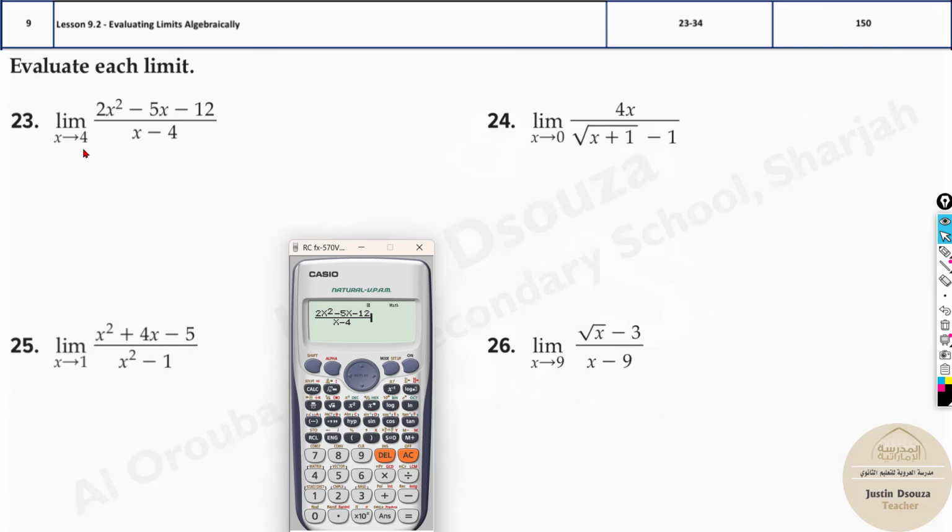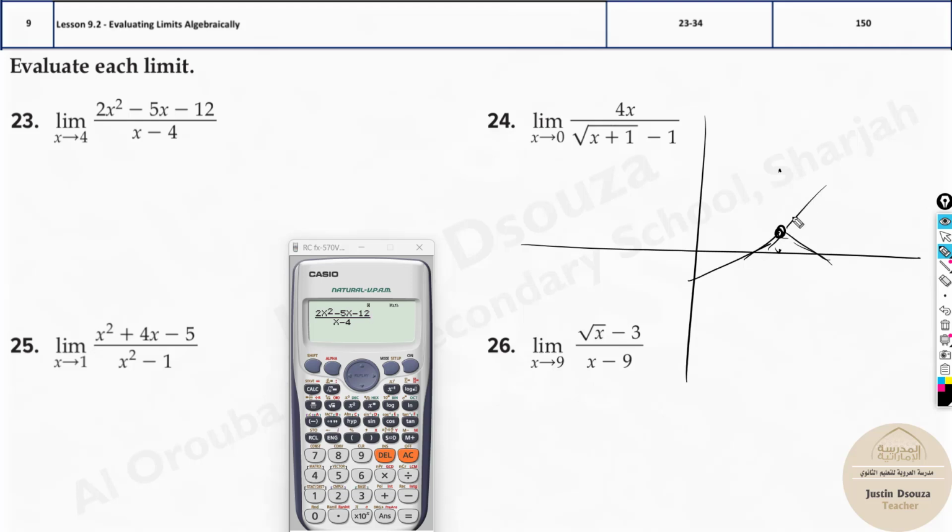That means you're going very close to 4, but not exactly 4. We know at that particular point 4, in the graph, over here, it's undefined. But we need to know what exactly is happening towards 4. Where is it approaching? There is a hole over here, okay? But we need to know where exactly it's approaching.